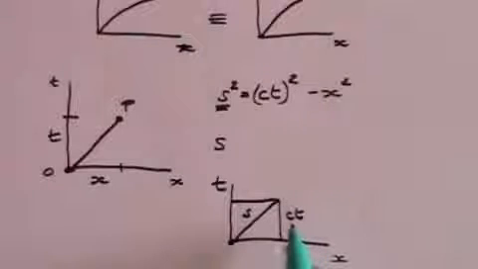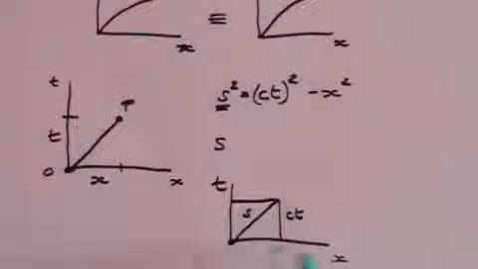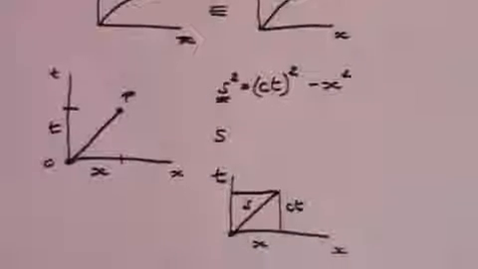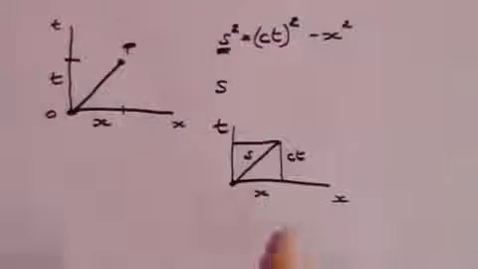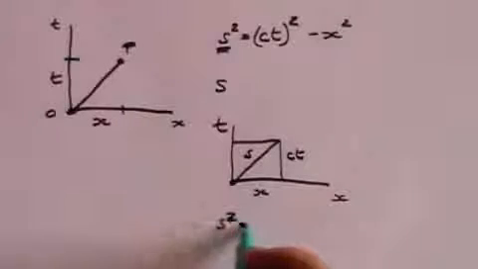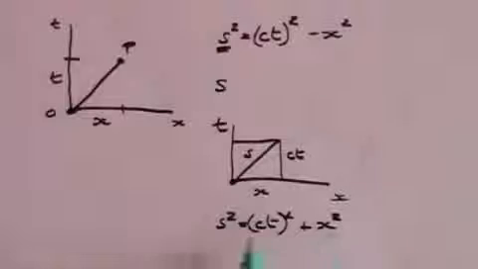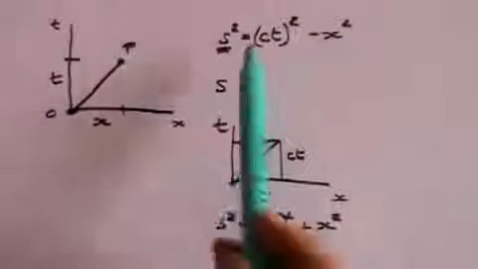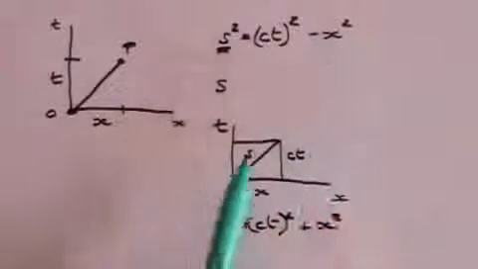We always multiply by c so that we've got the same units in the time direction as we have in the space direction, so we can compare like with like, otherwise we're doing apples with pears. You might expect that s could be described quite simply as s squared equals (ct) squared plus x squared, which is just Pythagoras. But in fact, the correct term is s squared equals (ct) squared minus x squared.